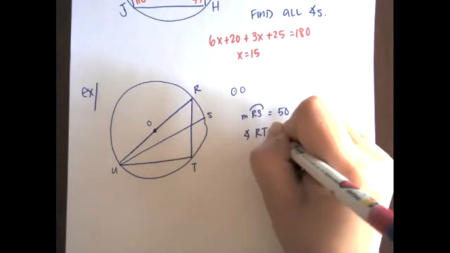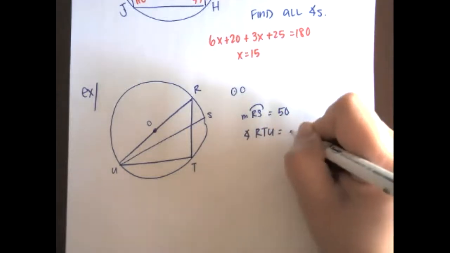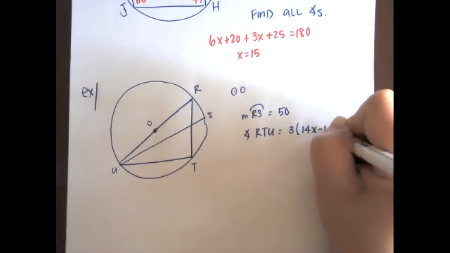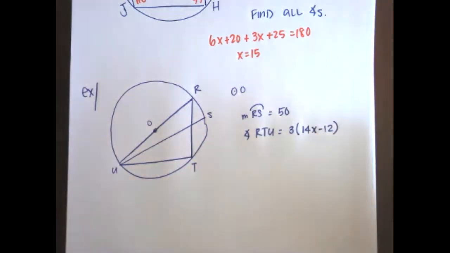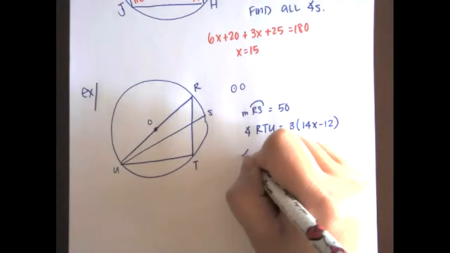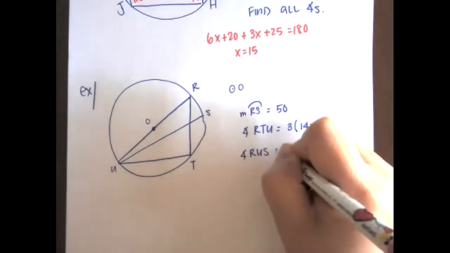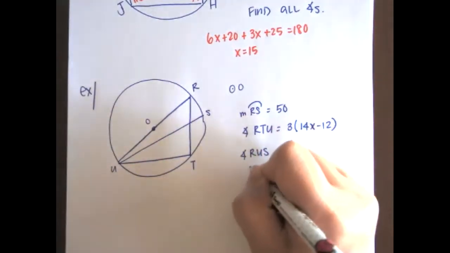Angle RTU is 3 times 14x minus 12. Find angle RUS and find x.